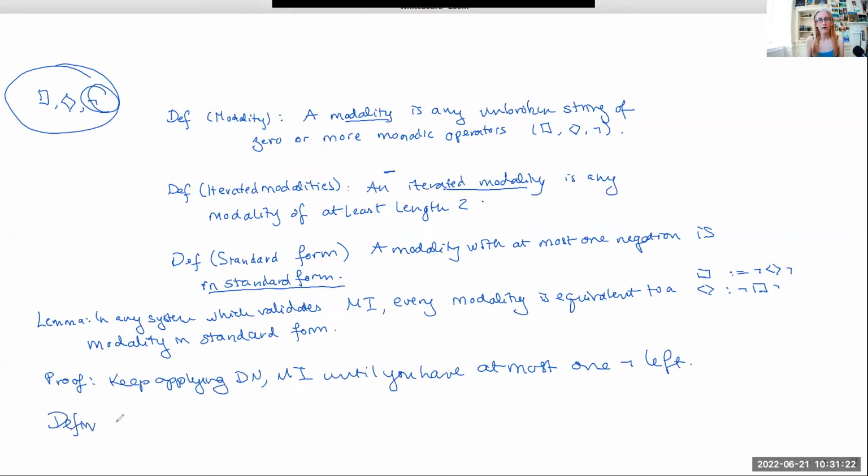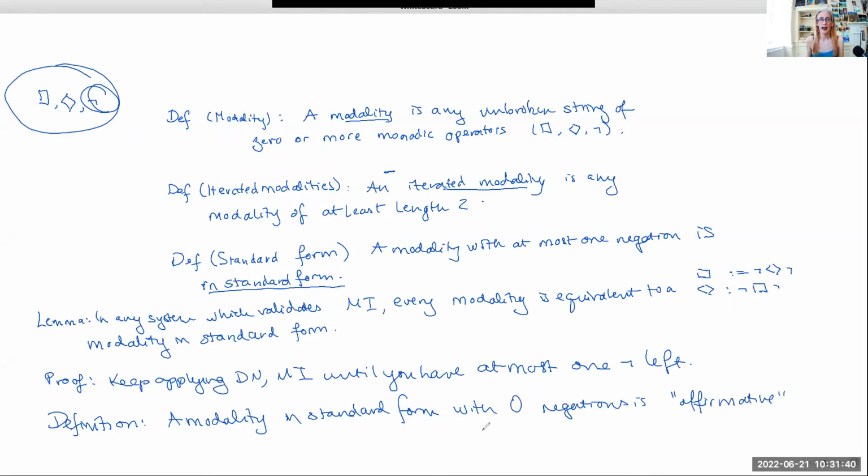Definition: a modality in standard form with 0 negations is going to be called affirmative, and a modality in standard form with 1 negation is going to be negative. So useful things that we will use next time.